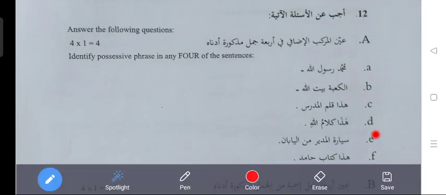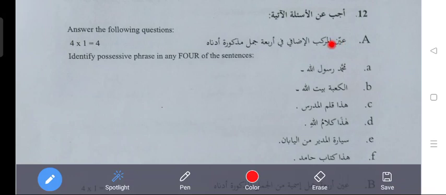Now come to section 12. As you know, section 12 also belongs to grammar, and in section 12 there are two bits, section 12a and section 12b. In 12a he asks you to identify possessive phrase in the following sentences.